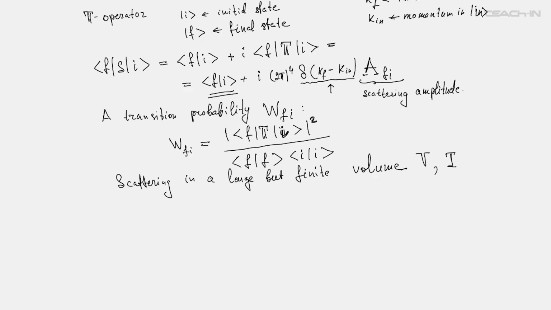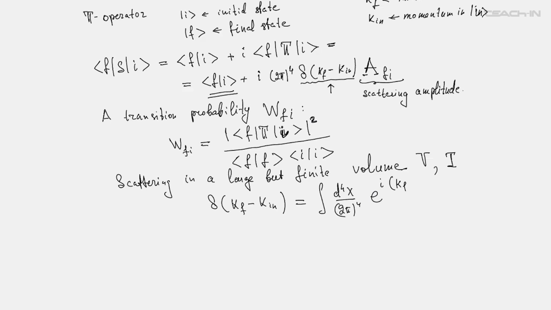Now consider the Fourier expansion of the delta function delta(K_f minus K_in). And this is the integral d^4x divided by (2 pi)^4 times exponential of i(K_f minus K_in)x, right?